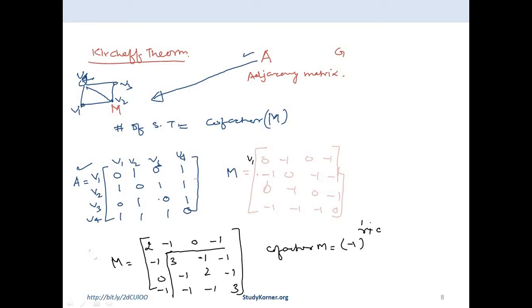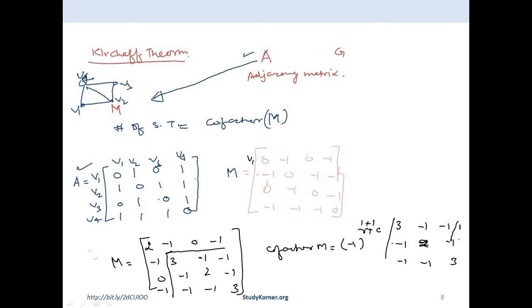So this would be 1 plus 1, and I write the submatrix here: 3, minus 1, minus 1, then minus 1, 2, minus 1, and then again minus 1, minus 1 and 3.